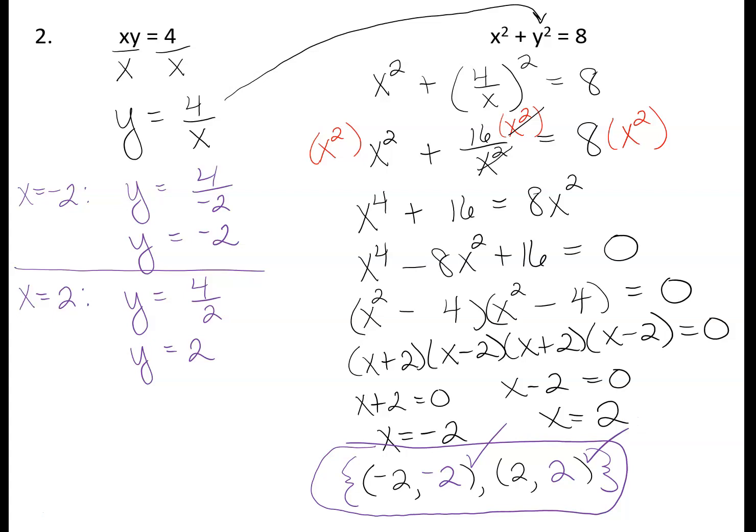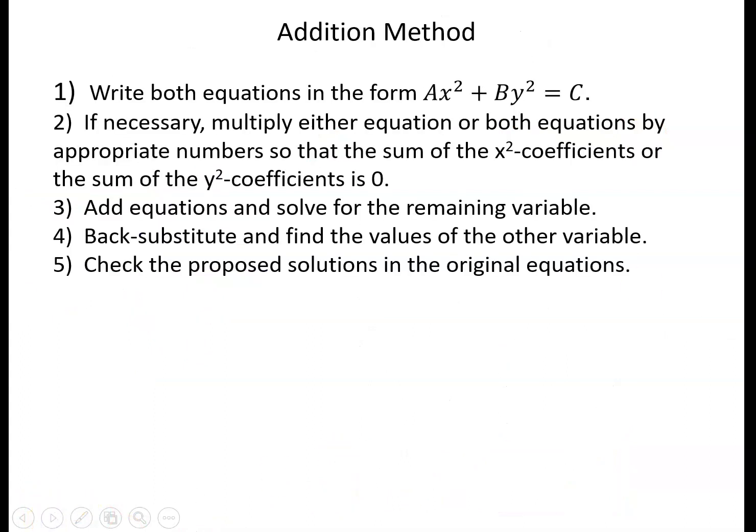Okay, we are going to then move on to the addition method. Here we're going to write both equations in the form ax squared plus by squared equals c. In other words, we want the variables on one side, constant on the other, just like when we solved linear systems by addition.